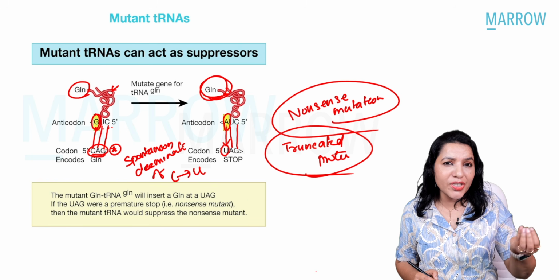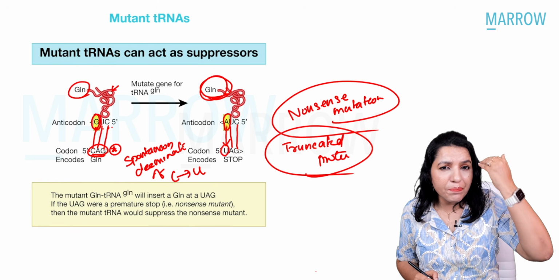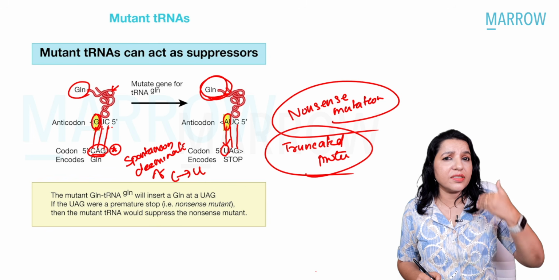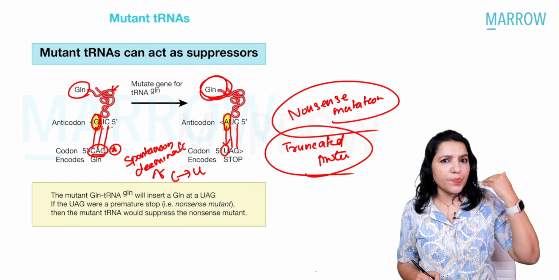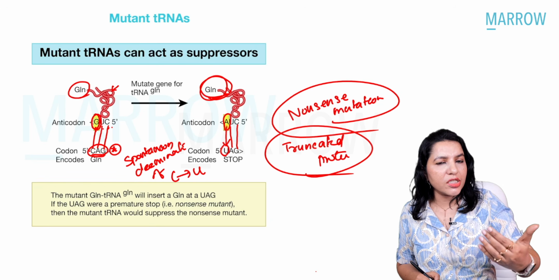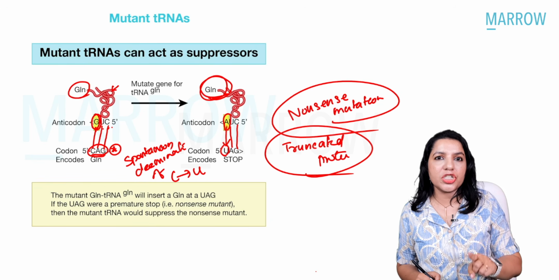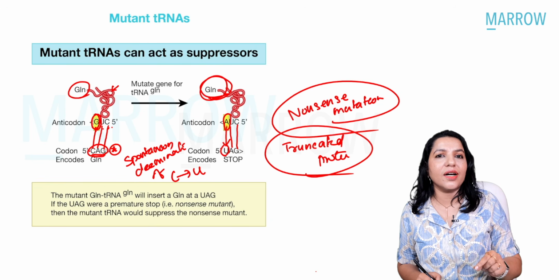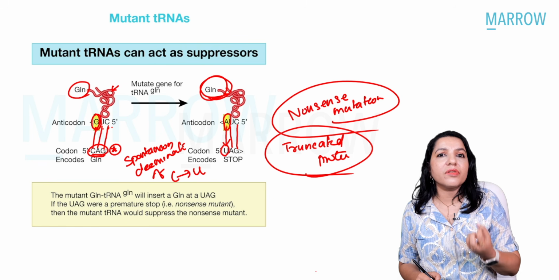This is what is called a suppressor mutation. It is otherwise called a secondary mutation, because the primary mutation is in the DNA. The secondary mutation, called a suppressor mutation, happens in this tRNA. So the same glutamine will bind.